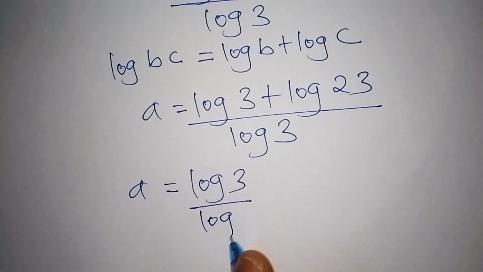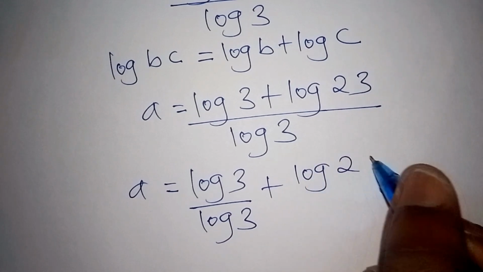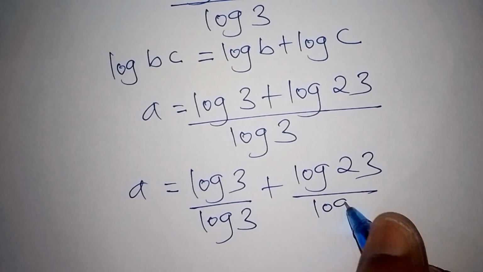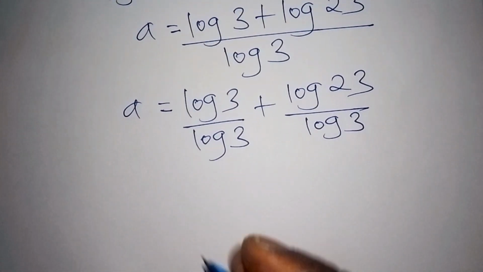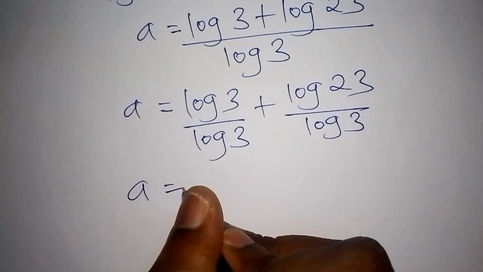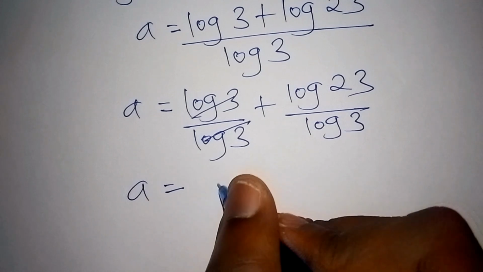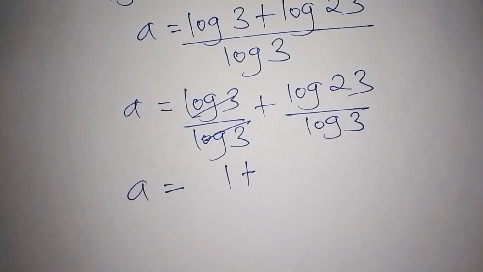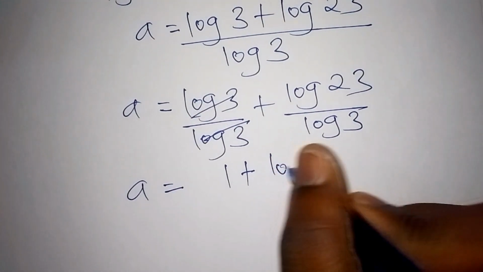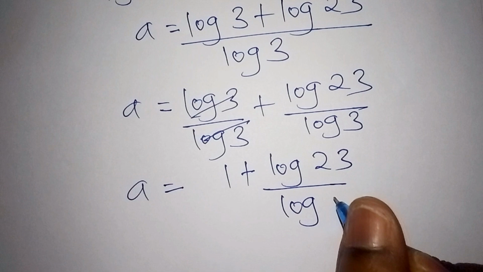The log of 3, then also now plus the log of 23 all over the log of 3. So here now a is equals to the log of 3 and the log of 3 shall cancel. So a is 1 plus the log of 23 all over the log of 3.